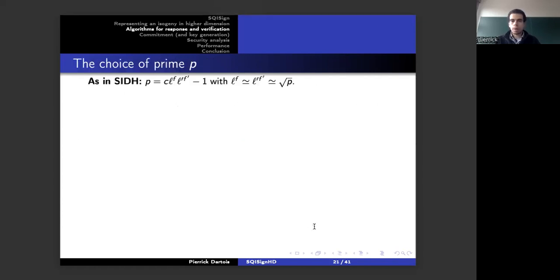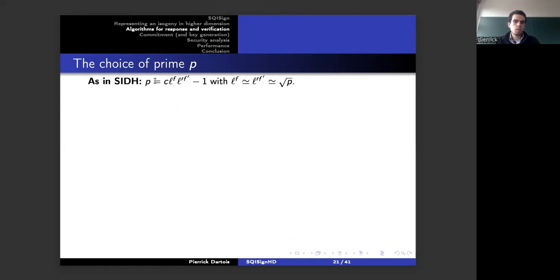Right now, we have an idea of how we can sign, and it gives some constraints on the choice of isogeny degrees, hence some constraints on the choice of the prime. Bottom line is that we can choose a prime which is similar to SIDH.